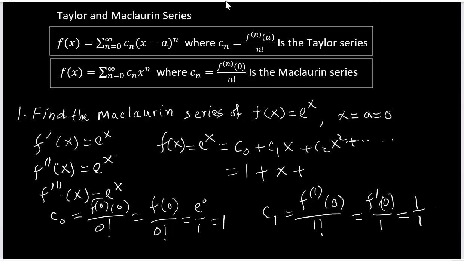And if you continue like this in the second derivative also, you see c2, f double prime, that is also e to the x. It is giving you 1 over 2 factorial. So the next will be x squared over 2 factorial, then x to the 3 over 3 factorial, and so on. So that is your Maclaurin series for e to the x.